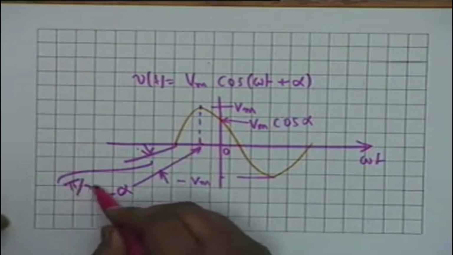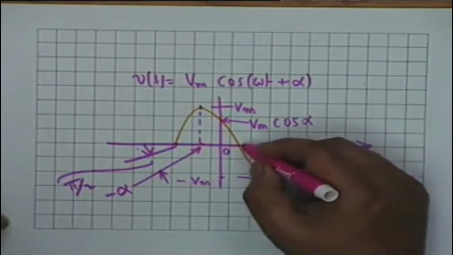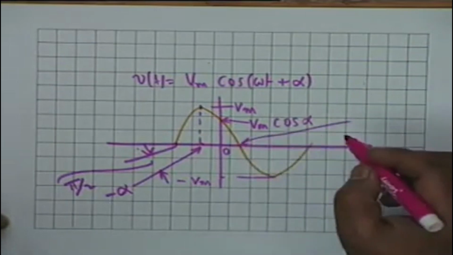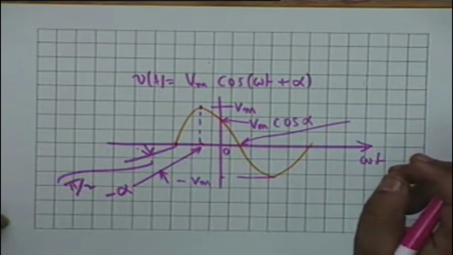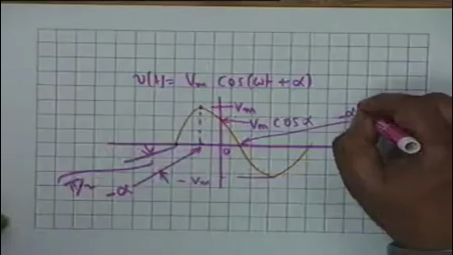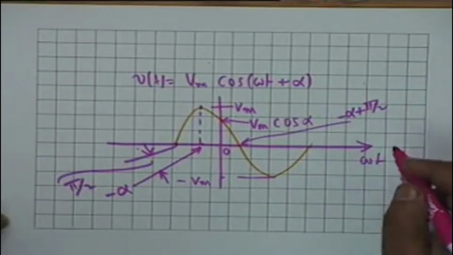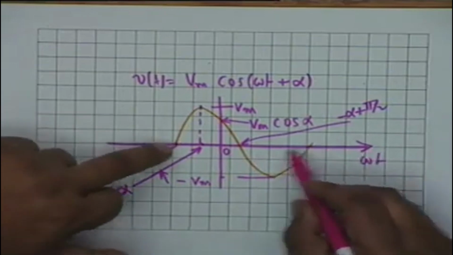Pi by 2. Alright. So, what is this value then? Minus alpha plus pi by 2. Wonderful.